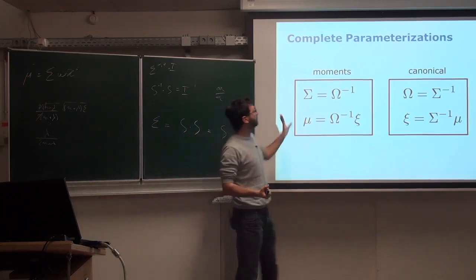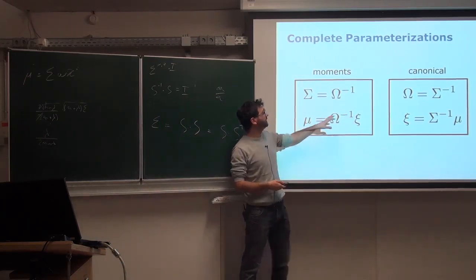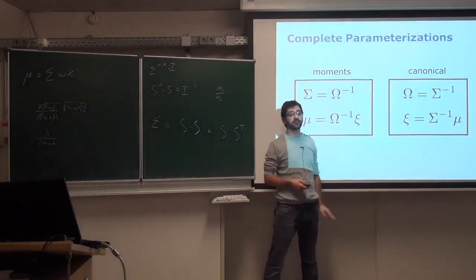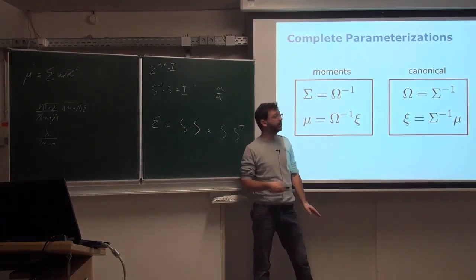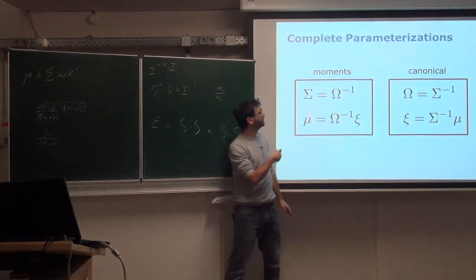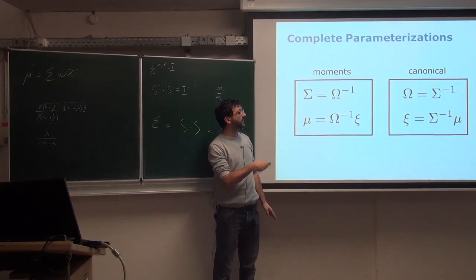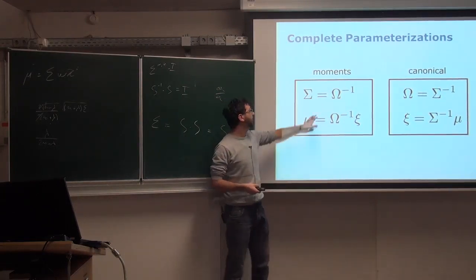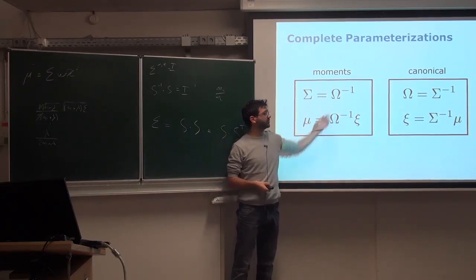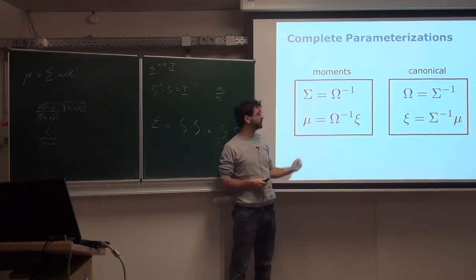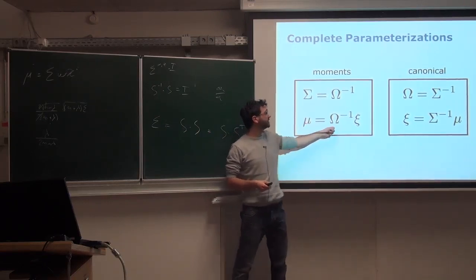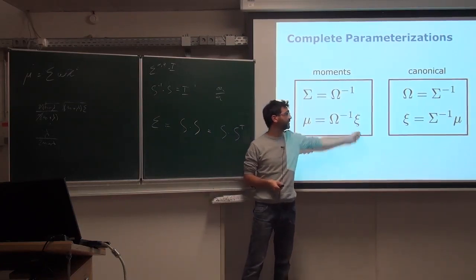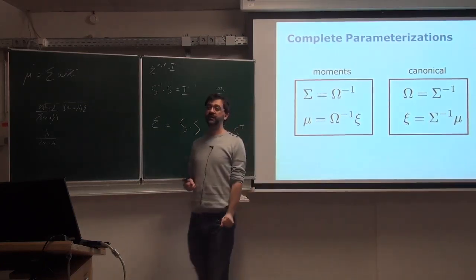How are they related to each other? We've seen already how the canonical parameters relate to the moment ones, and we can just invert these expressions and get how the moments are related to the canonical ones. So to get the covariance matrix, you just invert the information matrix, and to get the mean, you invert the information matrix and multiply it by the information vector. Okay?